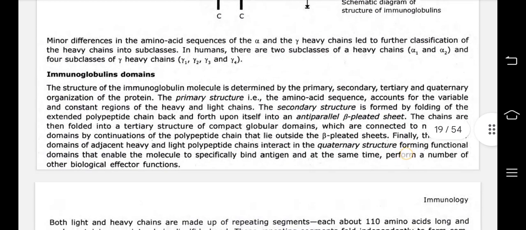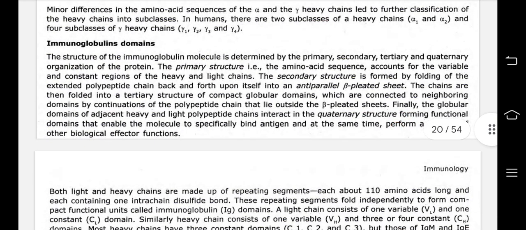Then, immunoglobulin domains. The structure of the immunoglobulin molecule is determined by the primary, secondary, tertiary, and quaternary organizations of the protein. The primary structure, the amino acid sequence, accounts for the variable and constant regions of the heavy and light chains. The secondary structure is formed by folding of the extended polypeptide chain back and forth upon itself into an antiparallel beta pleated sheet.